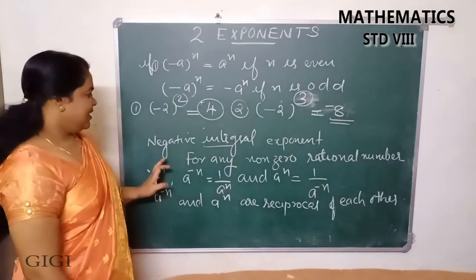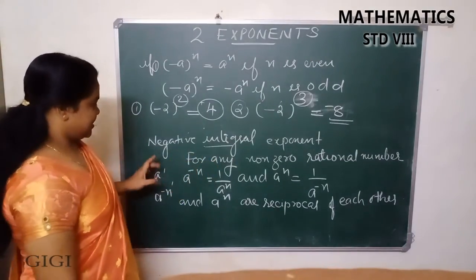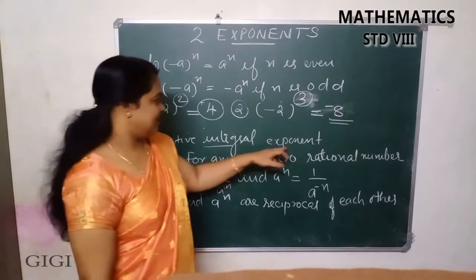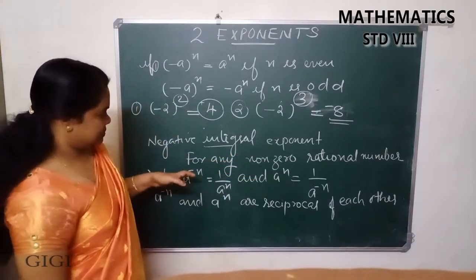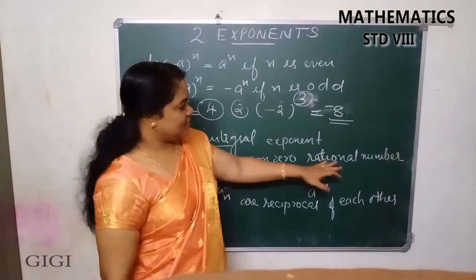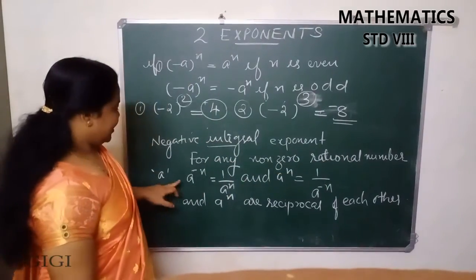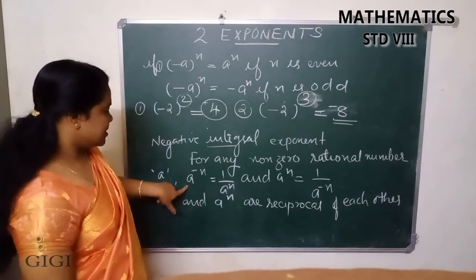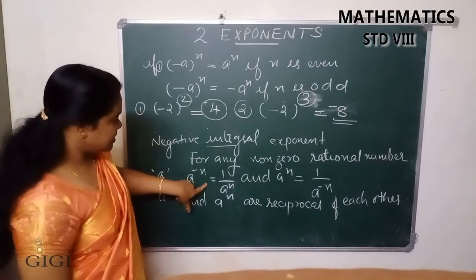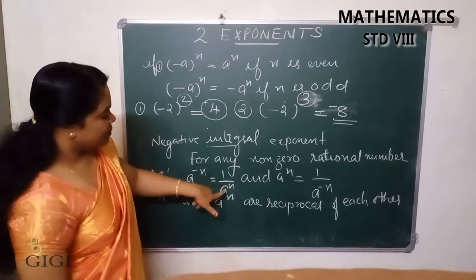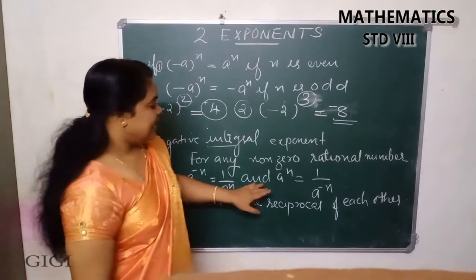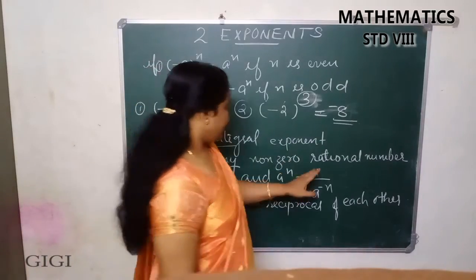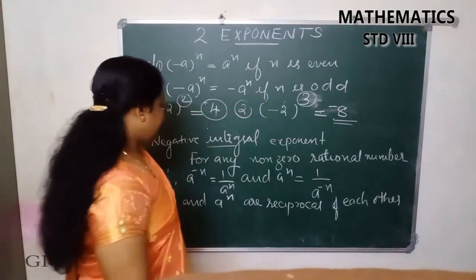Next part is negative integral exponent. What is a negative integral exponent? For any non-zero rational number a, a raised to minus n is equal to 1 by a raised to n, and a raised to n is equal to 1 by a raised to minus n.